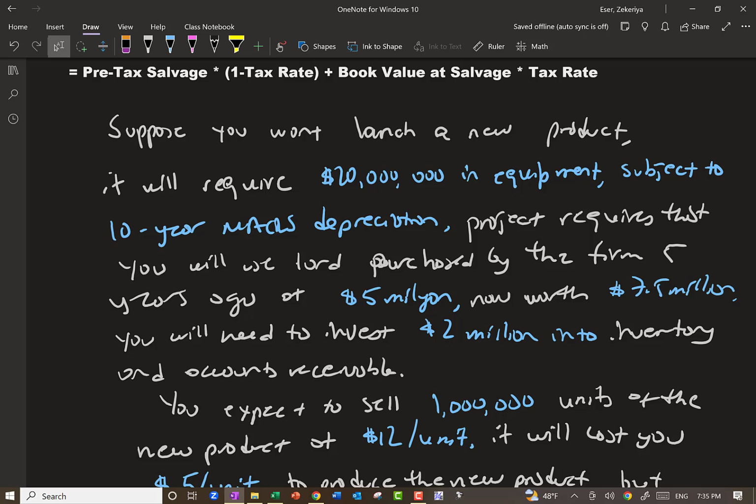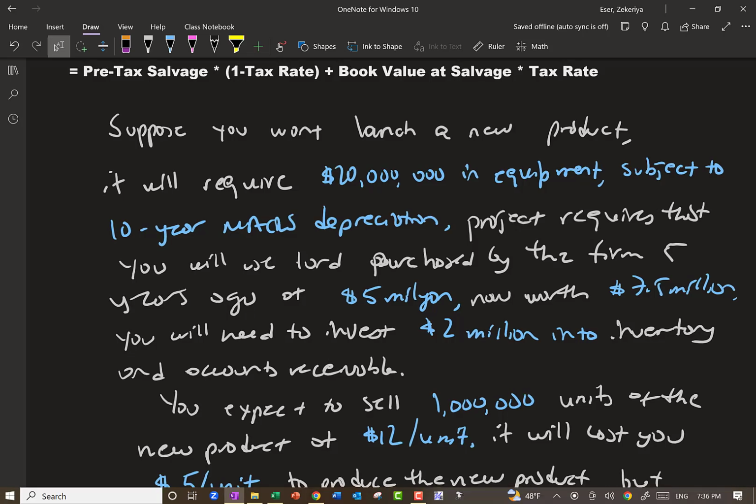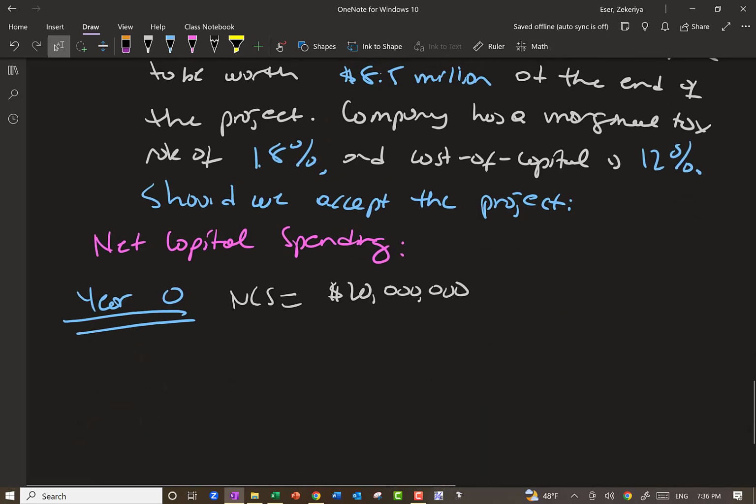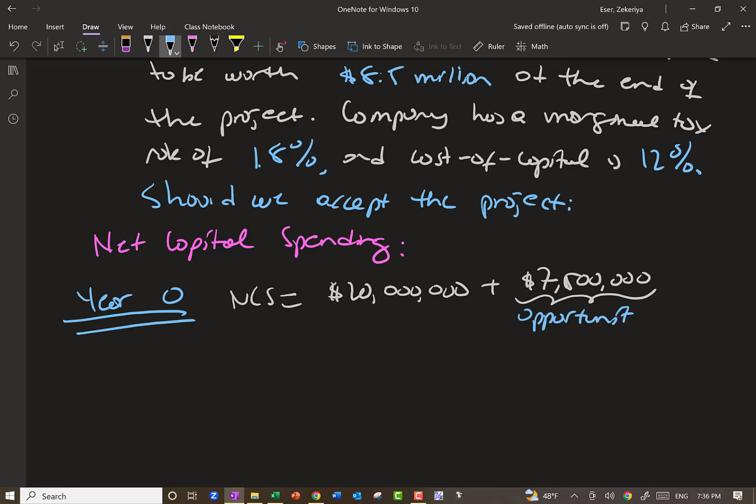Yes, and how much should I charge for that? $7.5 million, because that's the value today. What the firm bought it at doesn't mean anything, or what the book value of that is doesn't mean anything. It's what you can sell it at. So plus 7.5, which is obviously the opportunity cost. Total is 27.5.